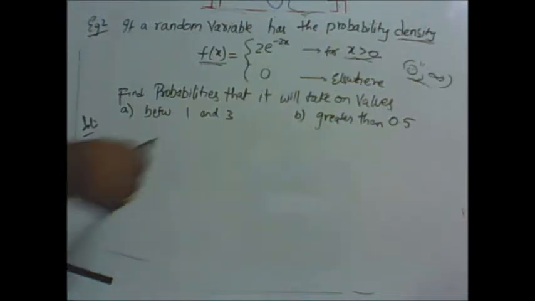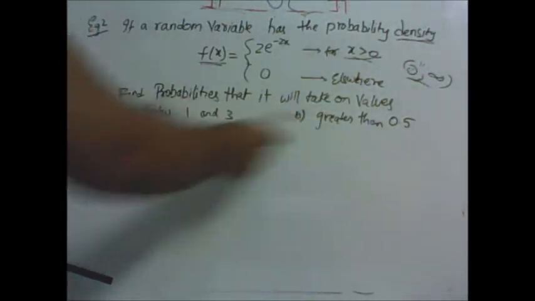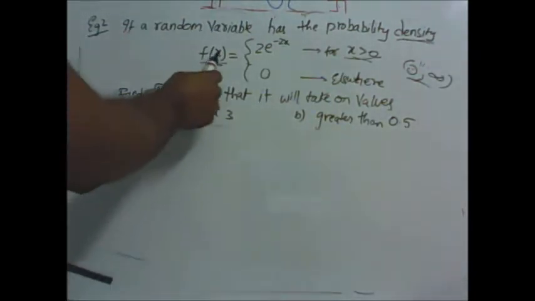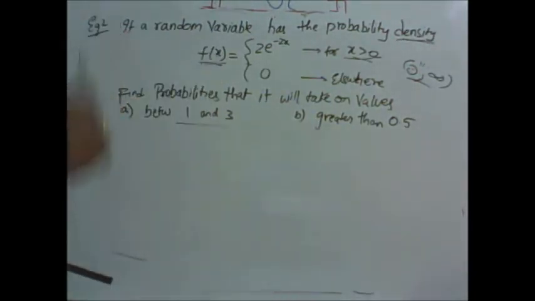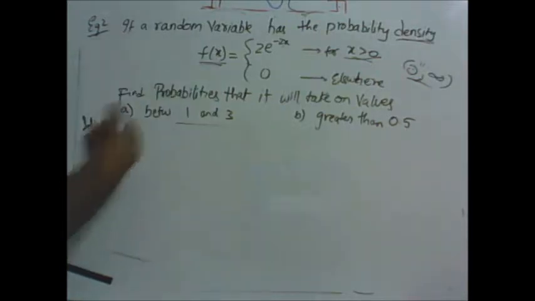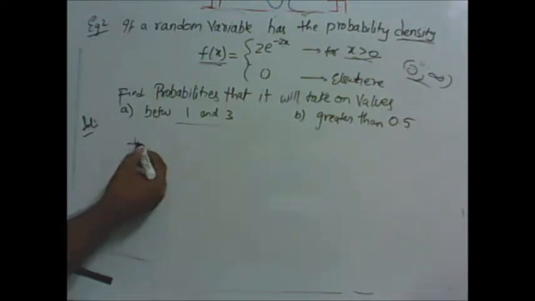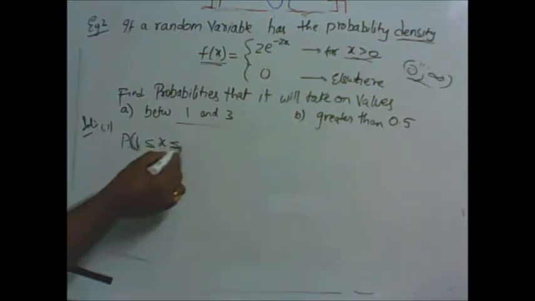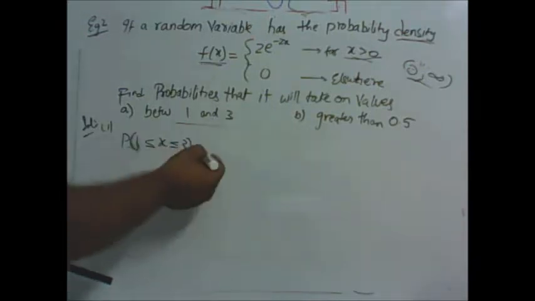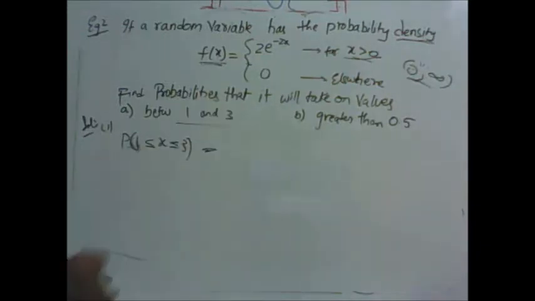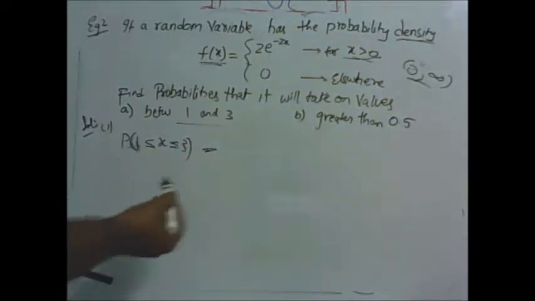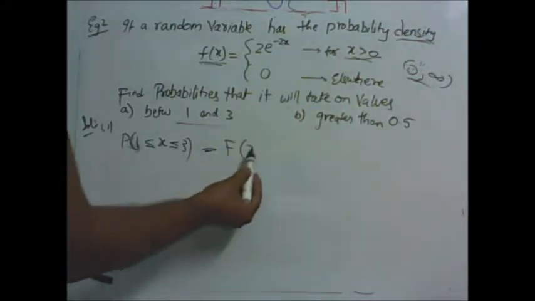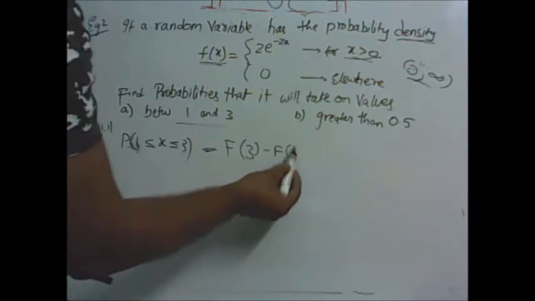Now he has asked us to find the probability that x takes values between 1 and 3. So, first, P of 1 less than or equal to x less than or equal to 3. Earlier we understood that P of a less than or equal to x less than or equal to b is F of b minus F of a. This is b, this is a. So F of 3 minus F of 1.